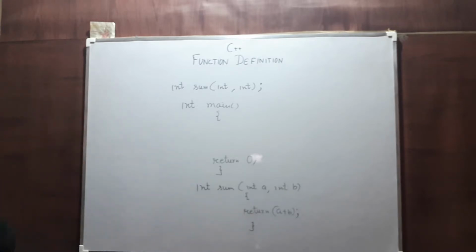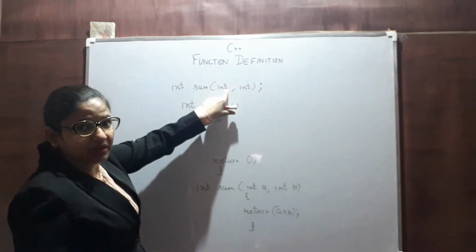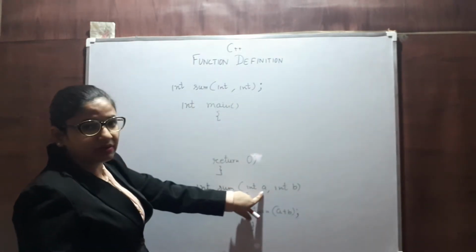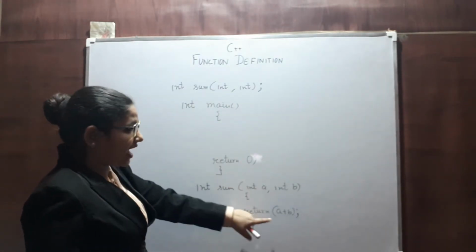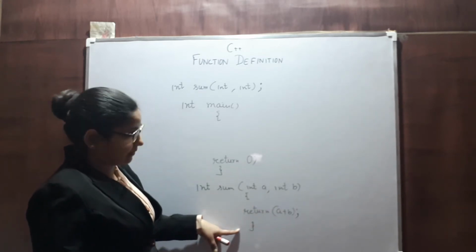There is one point to be noted here. In function declaration, like int sum(int, int), it's not compulsory for you to have variable name. For example, here I am not taking any variable name. Here I am including a and b because I am using these variables inside my function body.